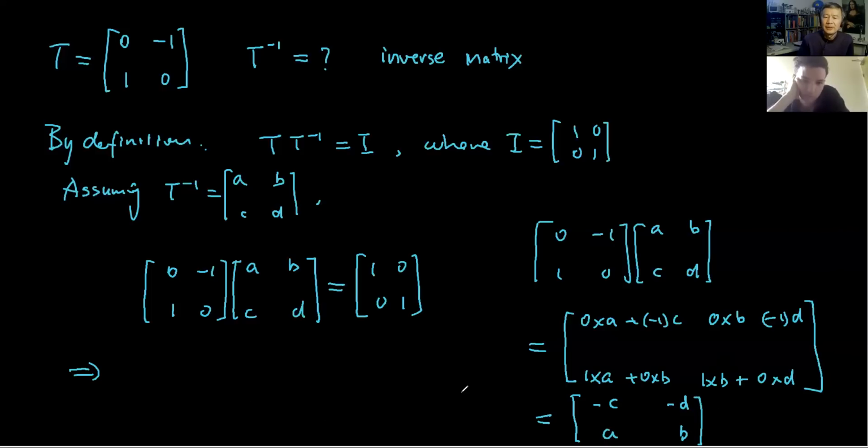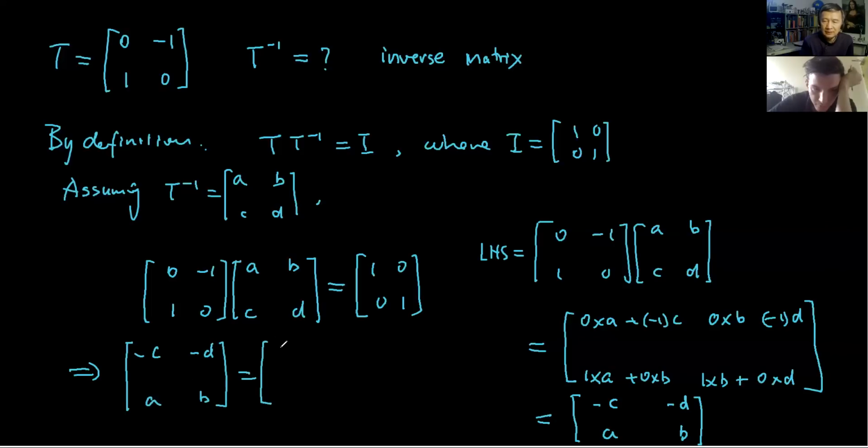So this is our left-hand side, and it must be equal to the right-hand side. What we have obtained is negative C, negative D, A, B, which must equal the identity matrix. So what can we say about these four numbers?